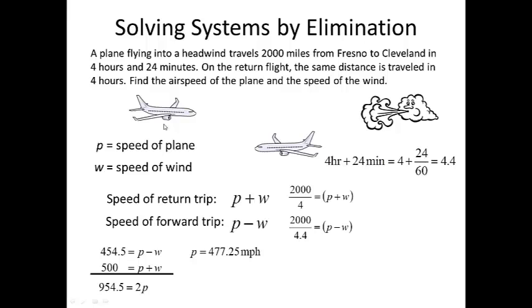Okay, that's the speed of the plane, the actual speed of the plane. So the speed of the plane is 477.25, and the wind must be the difference of that from 500. So the wind speed is 22.75 miles per hour because the sum of them is 500. Okay. So find the airspeed of the plane and the wind, so there's my answers.